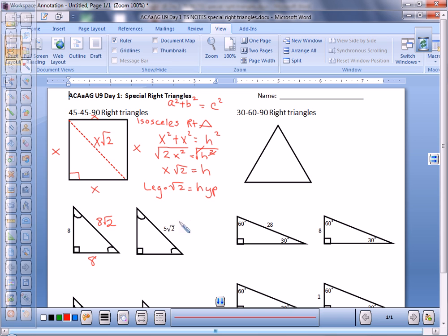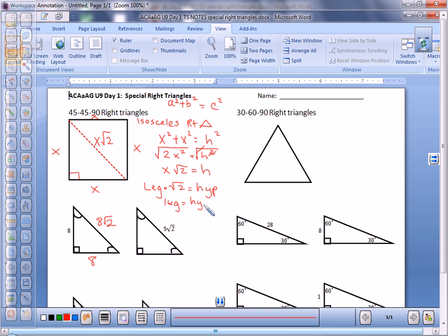Pretty cool, huh? So, if that's our pattern, these are our side ratios. If this is our pattern, what would we do to go backwards and find, if we were given the length of the hypotenuse, the length of a leg? Take away the square root. What would we do to solve this for the leg? Divide by the square root of 2.